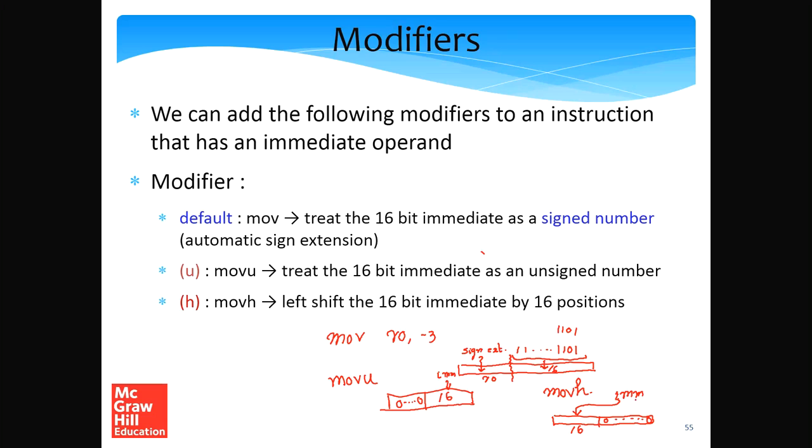So you can think of left shifting the immediate and then loading it to the upper 16, where the lower 16 are all zeros. So the U and H are generic modifiers. The default is always to treat the immediate as a signed number, but we can use the U and H modifiers. The U treats it as an unsigned number, and the H left shifts the immediate by 16 positions.